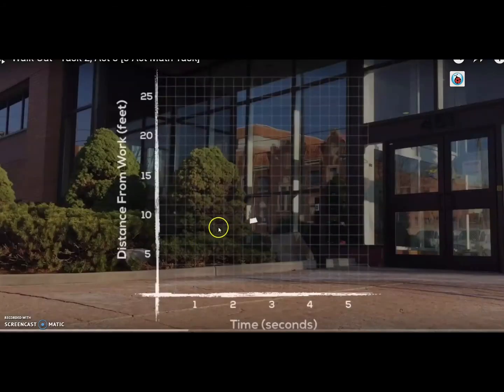As he's walking away from the building towards the building, I want you to predict, what do you think that motion would be like? Is he starting from point 0 if he's away from the building and walking towards the building? If it's distance from work on our y-axis, okay? Watch as the graph is formed.